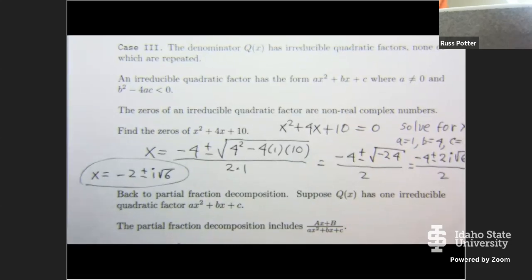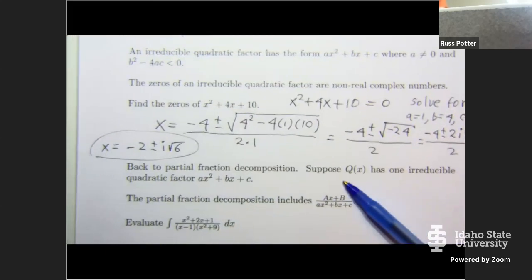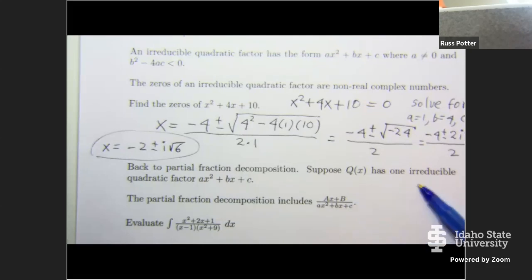Okay, so back to the partial fraction decomposition. Suppose q of x has one irreducible quadratic factor, ax squared plus bx plus c, where the discriminant b squared minus 4ac is negative. Then the partial fraction decomposition will include the expression Ax plus B over ax squared plus bx plus c.